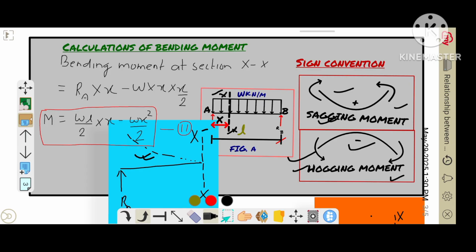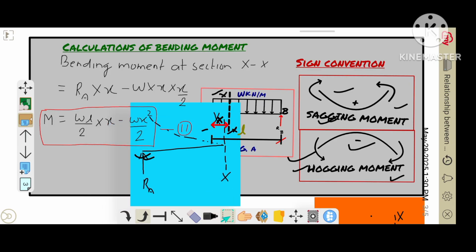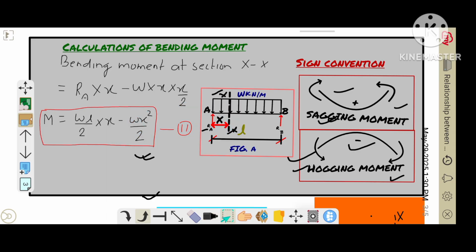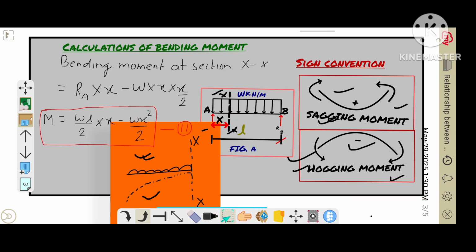For the moment due to reaction Ra, this is taken as positive. Similarly, the other load of W kN per meter over the span of x is acting on the left of the section XX. The bending moment generated by this load has a deflected shape somehow like this, which resembles the sign convention of hogging moment, so it is taken as negative.